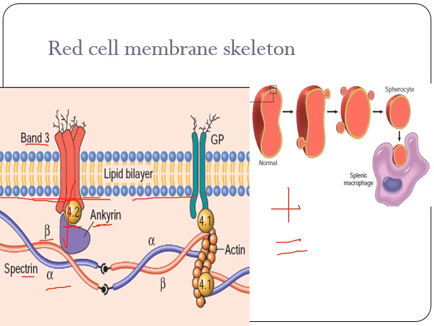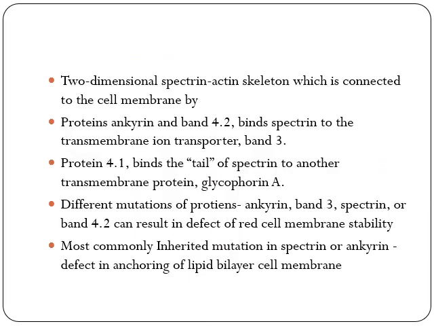So talking in detail, there is a two-dimensional spectrin-actin skeleton which is connected to the cell membrane by two interactions. Number one, protein ankyrin and band 4.2, which will help the binding of spectrin to the transporter known as band 3, which I already discussed. So ankyrin and 4.2 help binding of spectrin to band 3.